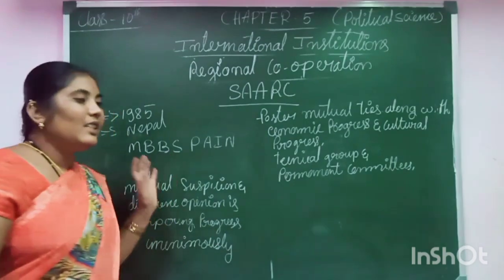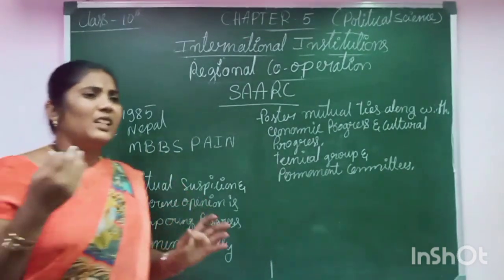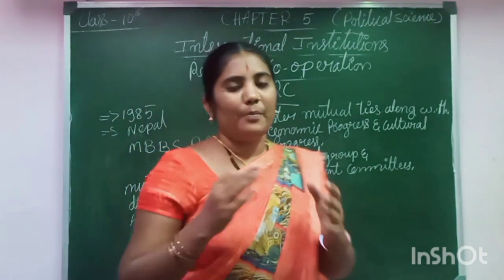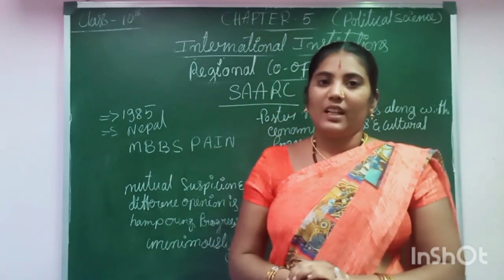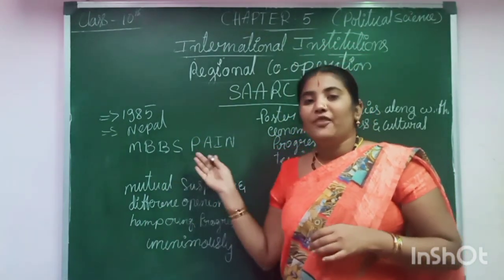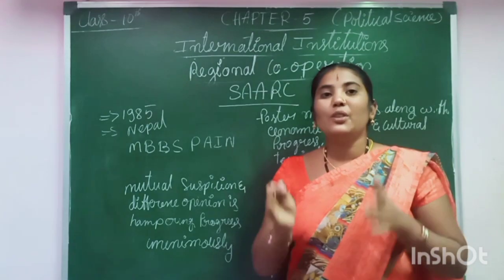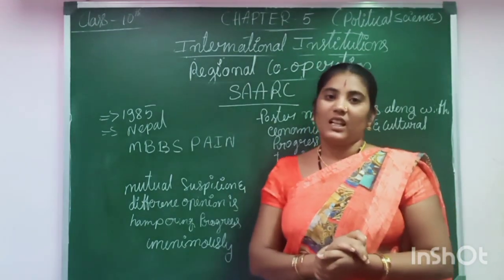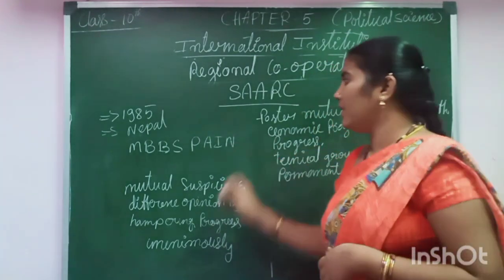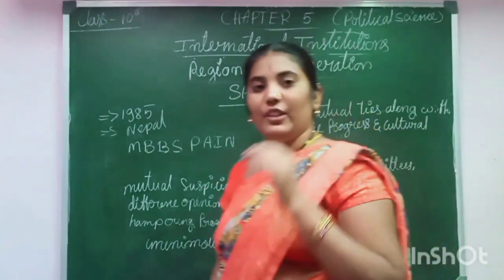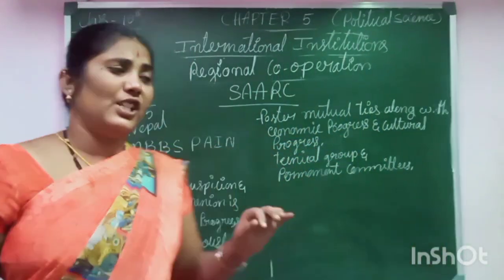Understand? So this is one of the great problems of SAARC. India is also one of the members of SAARC, and it is an active partner in SAARC. So this is all about SAARC. It was founded in the year 1985.